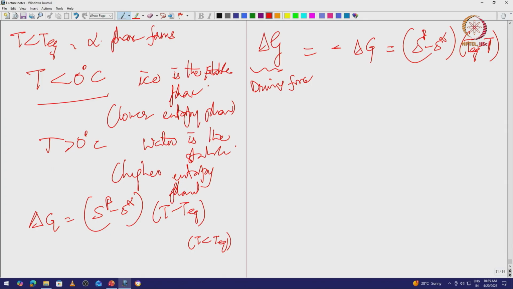Now, this delta script G is positive if T is less than T equilibrium. So, alpha phase forms spontaneously. Thermodynamics says alpha phase should form.